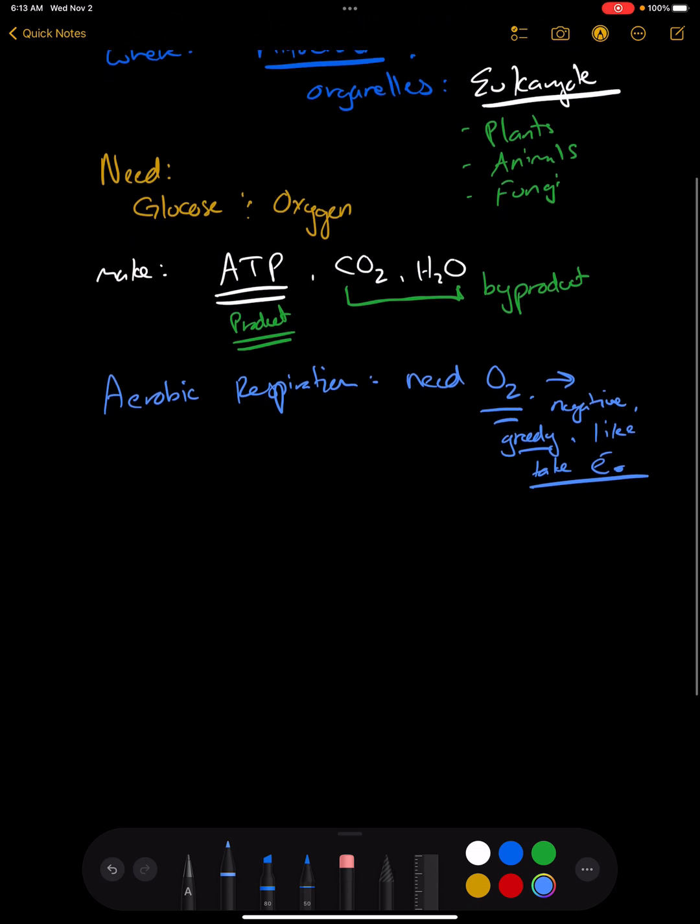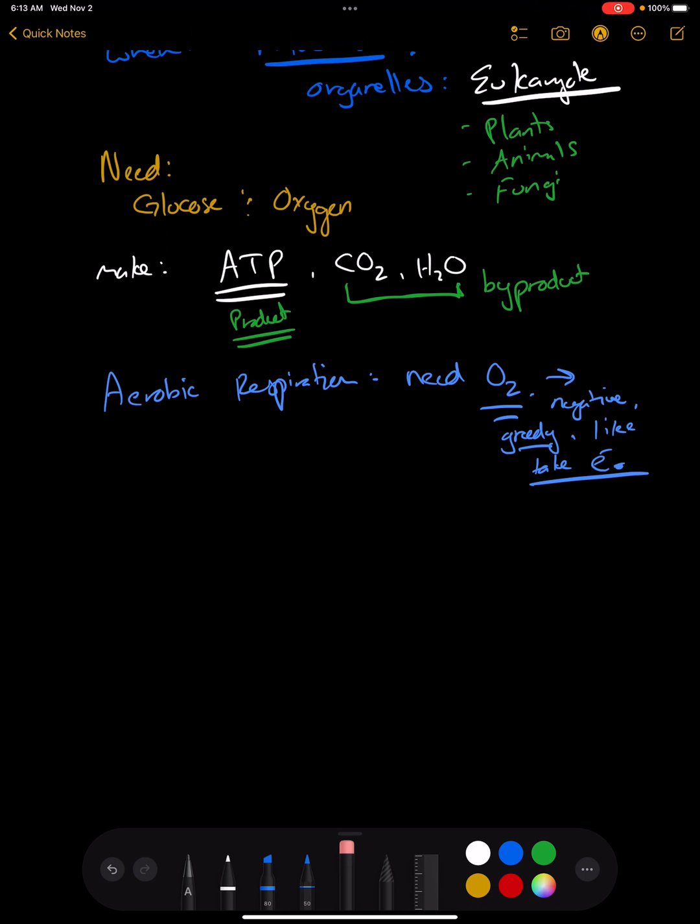Since this is a chemical reaction, guess what? We get to write a chemical equation. So here is my equation for aerobic cell respiration. I need glucose, I need oxygen, and that is going to make 36, now we get to have a number with this, 36 ATP, right?